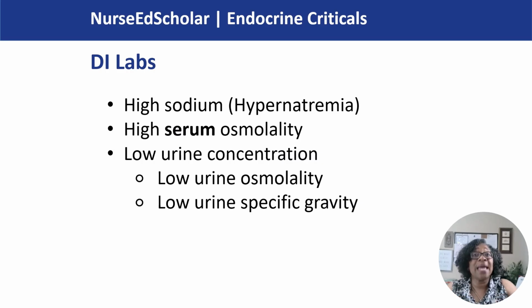The serum osmolarity, the blood concentration, is going to be high because the patient is dehydrated because they're losing so much fluid. The urine osmolarity will be low because the patient is constantly urinating. So the urine is going to be not as concentrated, and the urine specific gravity will be low as well. Why? Because the body's losing water. The blood becomes concentrated, the urine becomes diluted.